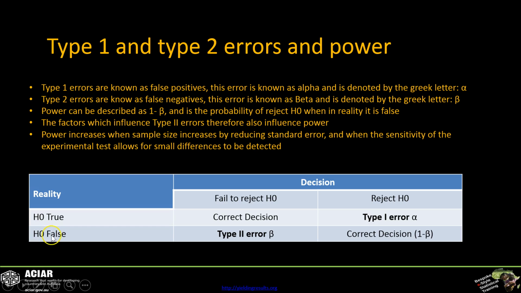If the null hypothesis is false, and we do in fact reject the null hypothesis, then we've made the correct decision. In the opposite cases, if the null hypothesis should be taken as true, but we actually reject it, that's a type 1 error. And likewise, if the null hypothesis is false, so that there are treatment differences, and we fail to reject it, then we make a type 2 error.